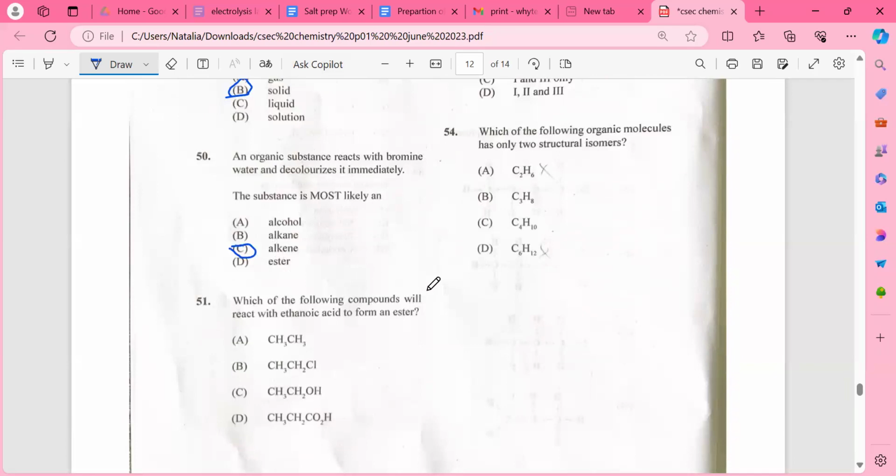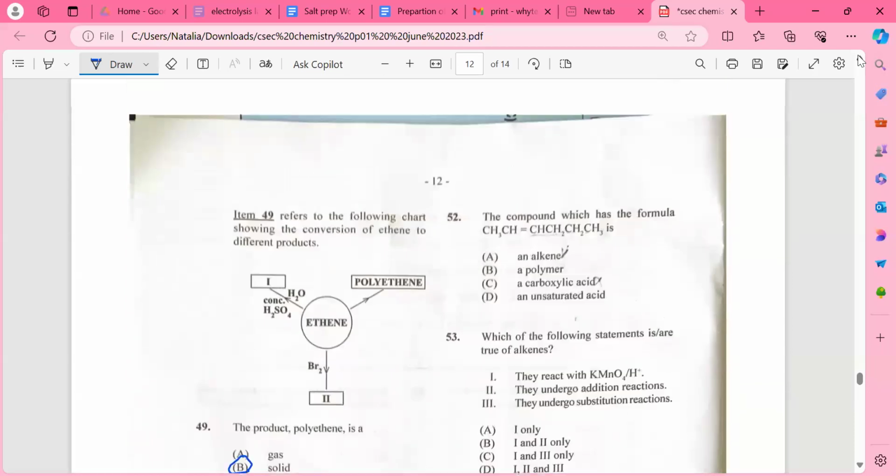Which of the following compounds reacts with ethanoic acid to form an ester? So we're looking for an alcohol. So the answer is C. The compound which has the formula CH3CHCHCH3 is an alkene because of the carbon-carbon double bond.